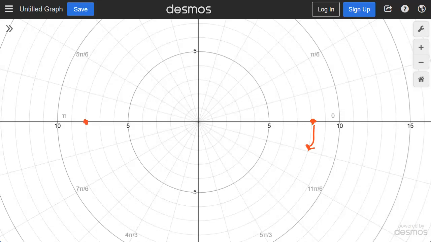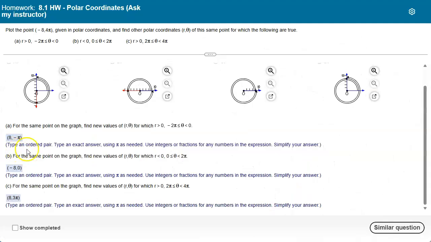And if I keep going here, I have just moved theta, or opened theta, as -pi units. That brings this point of +8 now over here to this side of the polar grid. So that would be +8, -pi. And you can see +8, -pi meets that condition.